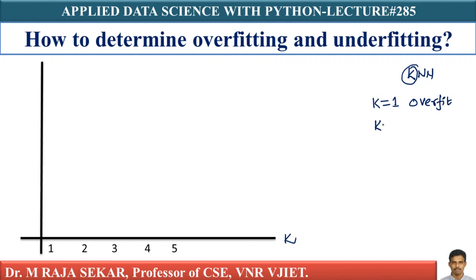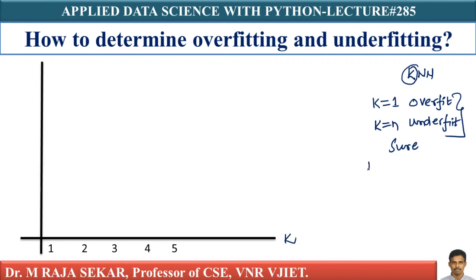When k equal to n, underfit. Typically, k equal to 1 overfits and k equal to n underfits. We know this for sure, and we saw this geometrically, what underfitting and overfitting mean.